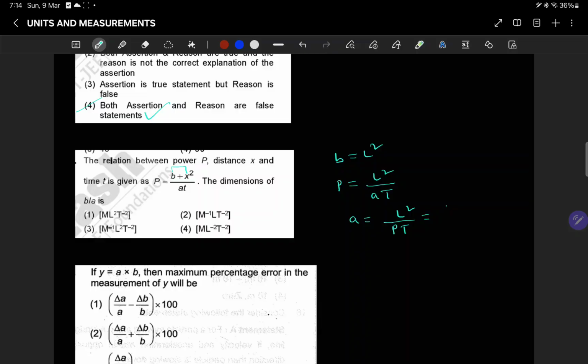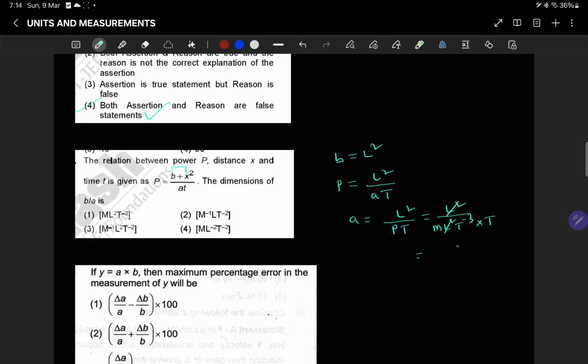L square, okay. Pressure here is power, students. Power is nothing but energy per unit time, M L square T power of minus 3, into T here. That means this L square is cancelled.